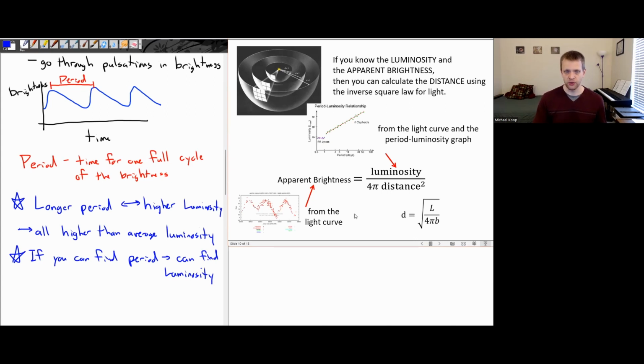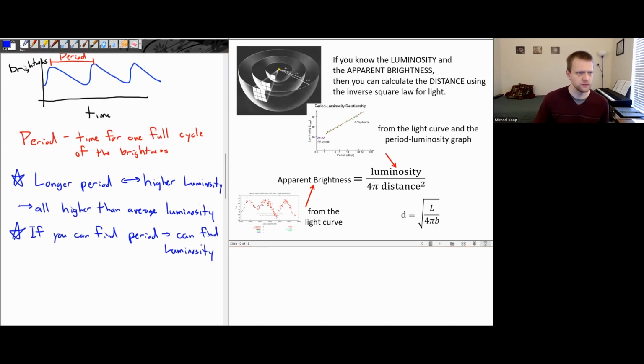This is an example of what we call a standard candle. Let me write down that term.